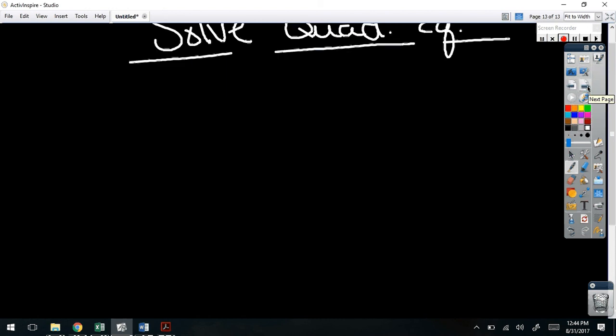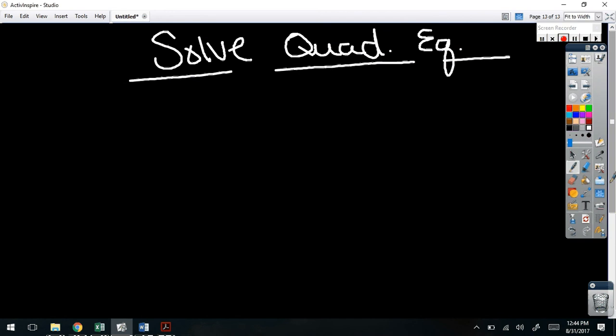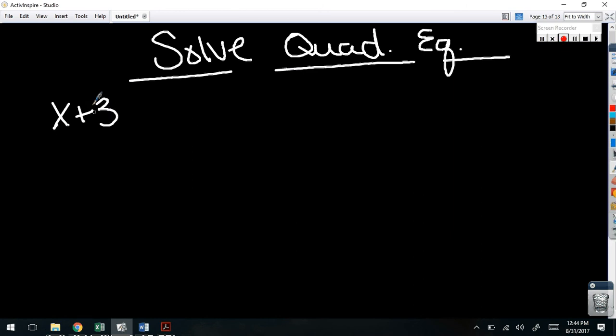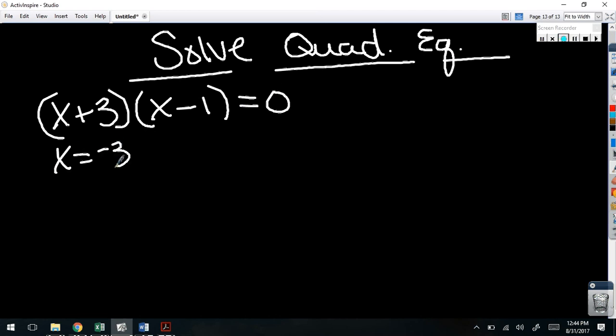All right, so when we're looking at quadratic equations, and I really want you to make this connection, we have already talked about if you have something like this, you can solve that for x, right? What are the solutions? Negative 3 and 1, because you set each piece to 0.